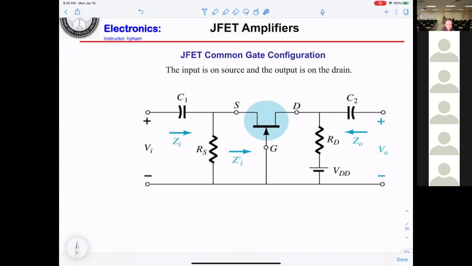They are almost the same. Common gate, input applied to the source and output from the drain. And also telling you that will be G in and that will be G out.